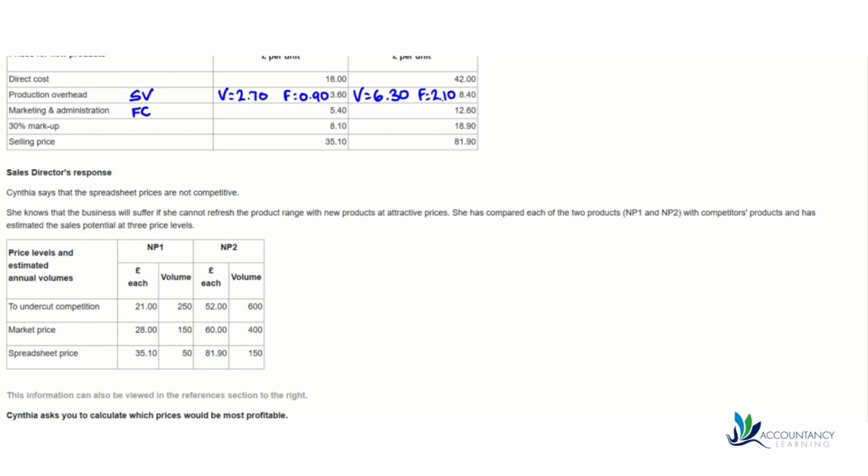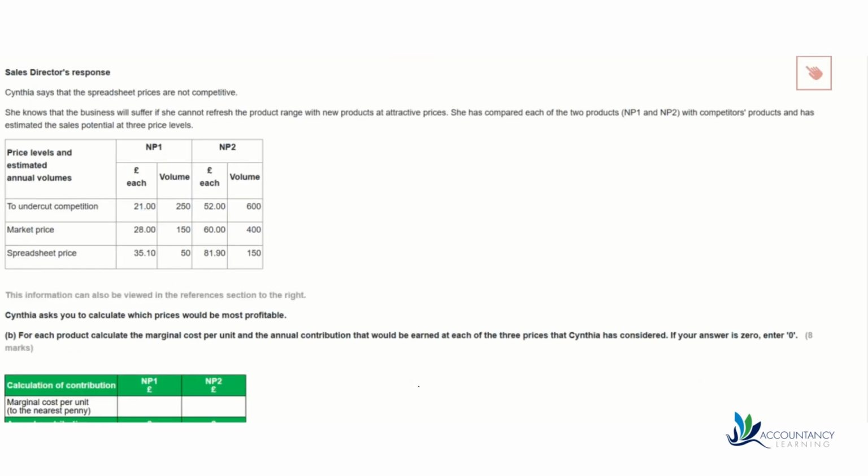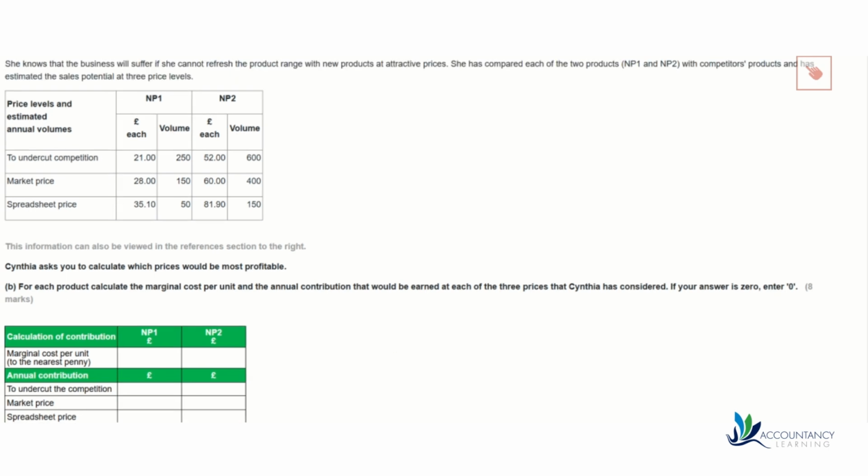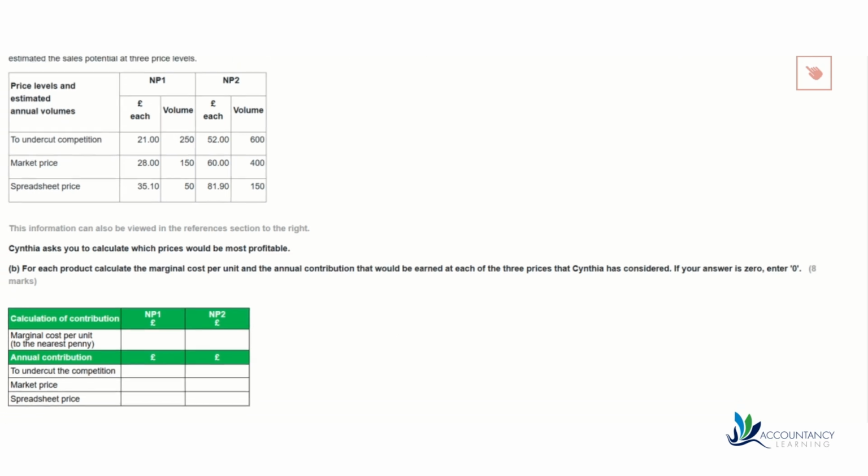So as mentioned before, we need to use these tables here and the information provided to calculate which prices would be most profitable. So we're going to start looking at the marginal cost per unit to the nearest penny for NP1 and NP2. So for NP1, let's have a look.